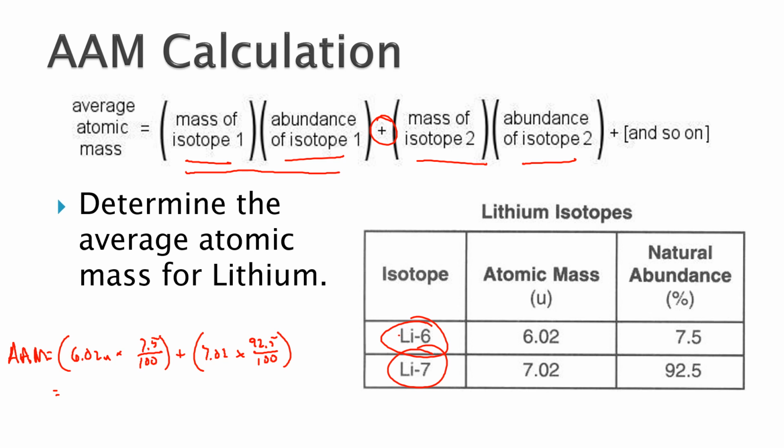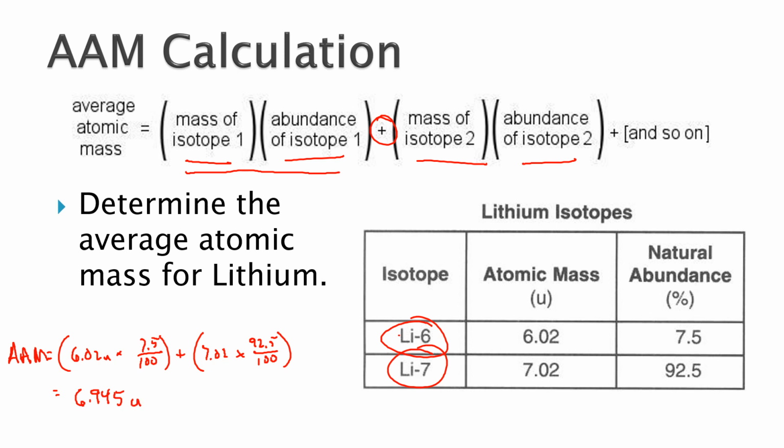So bracket 6.02 times 0.075 bracket plus bracket 7.02 times 0.925 bracket equals. So I get 6.945 atomic mass units. So there you go.